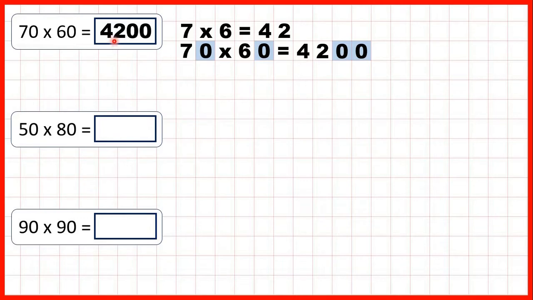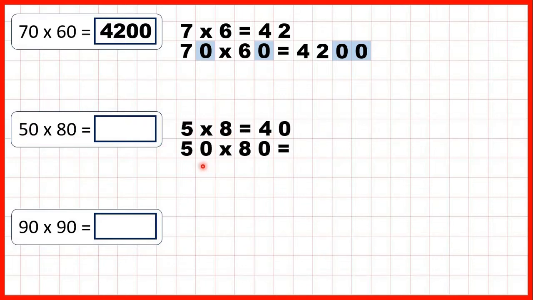So that's 4,200. Now we have 50 times 80. We know that 5 times 8 is 40, and that means that 50 times 80 is 4,000. After we've done 5 times 8 and written 40, again we need to spot that there are 2 zeros in the question.